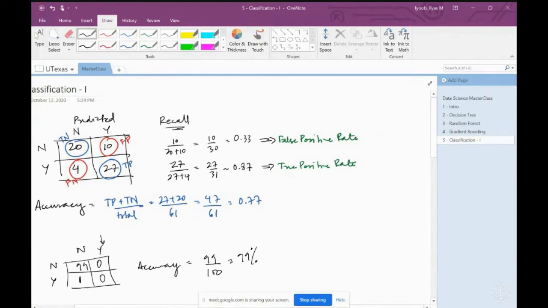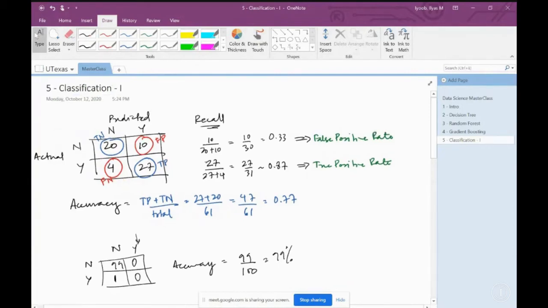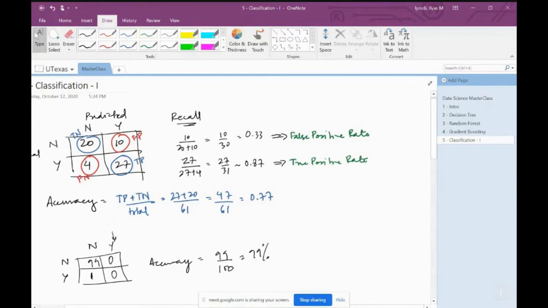You might have heard that before. And you can do the same thing for the other columns, and those have their own names: the columnar calculations are called precision and these are called recall. But the point is that the ones we are getting right give the true positive rate, and the ones we are falsely flagging as positive give the false positive rate.